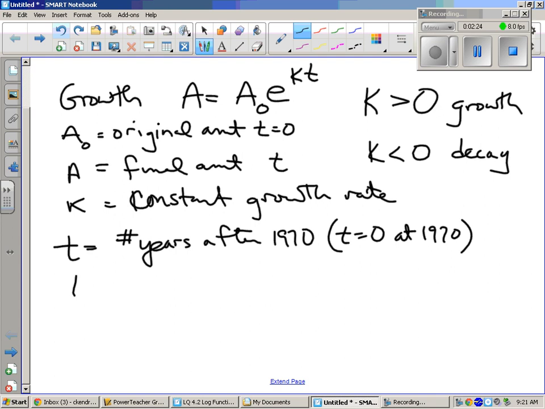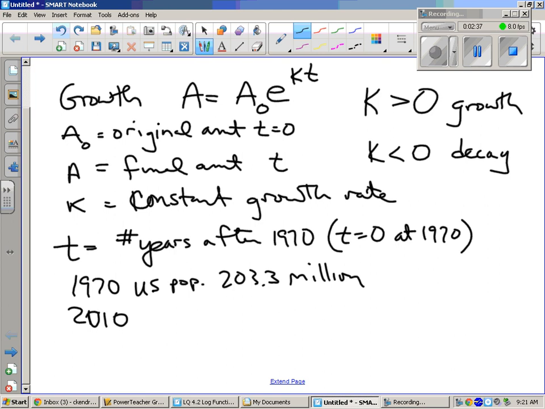And the population in 1970, the U.S. population, was 203.3 million. Then in 2010, not too many years ago, the population was 308.7 million. So yes, we have gone up a little bit.